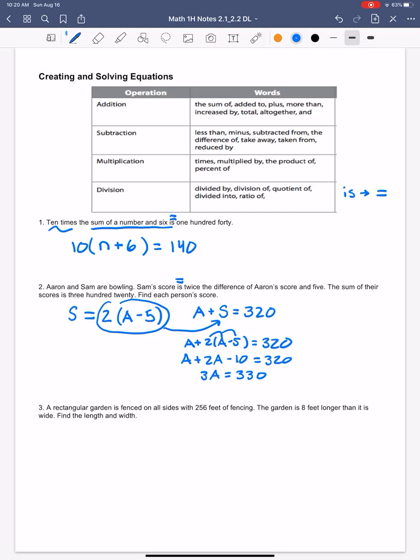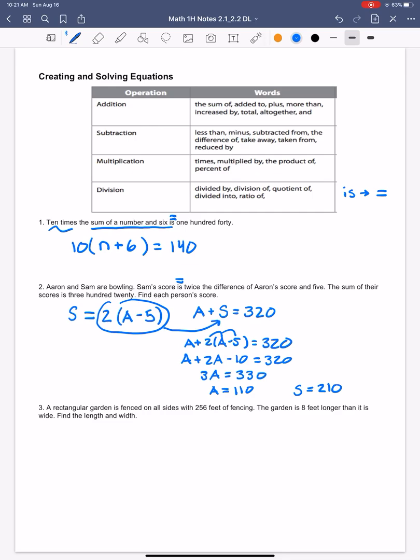And then divide both sides by 3, and I'm going to end up with A equals 110. Okay, and now I need to know what S is, so I can plug it into either one of these equations. I can plug in A up here, or I can plug in A over here and solve for what S is. And we know that the combined score has got to be 320, so that means that S must be equal to 210.